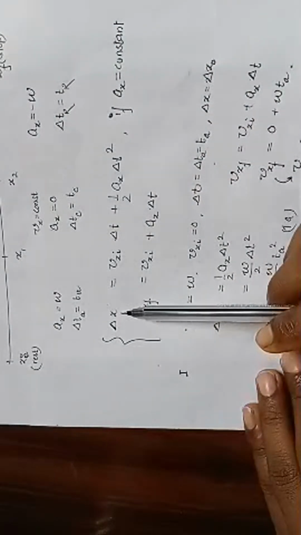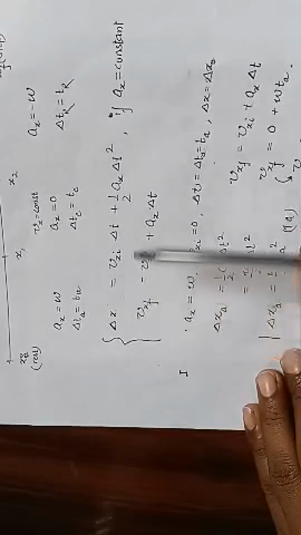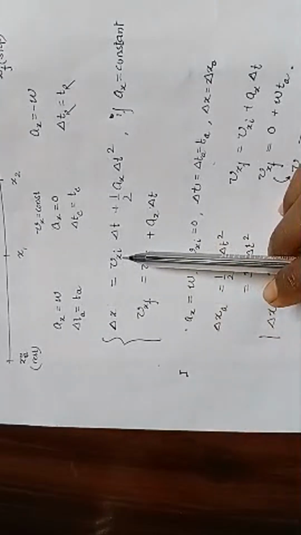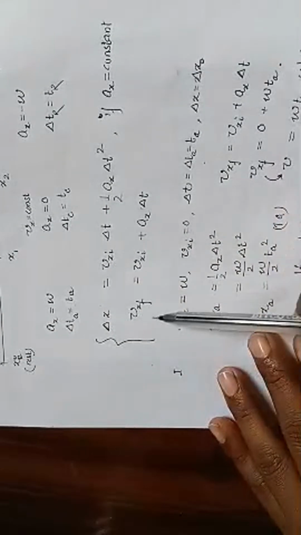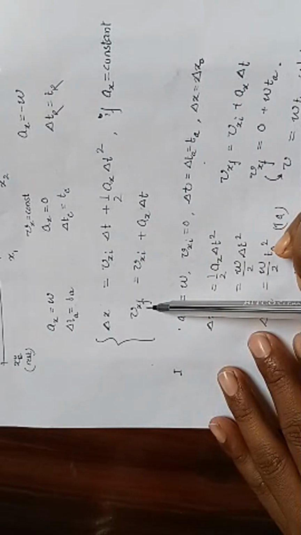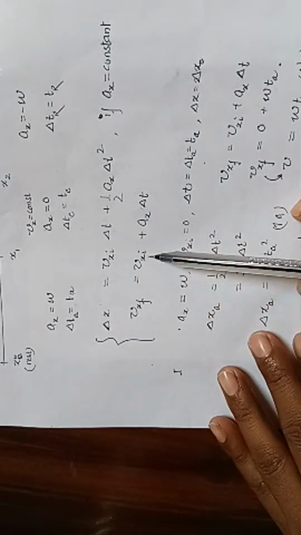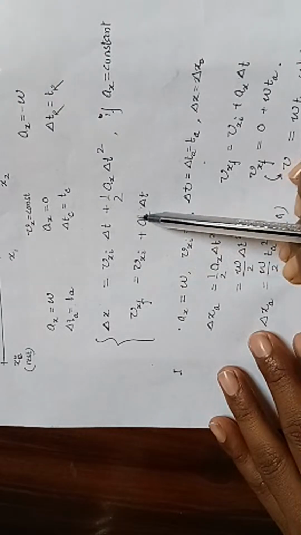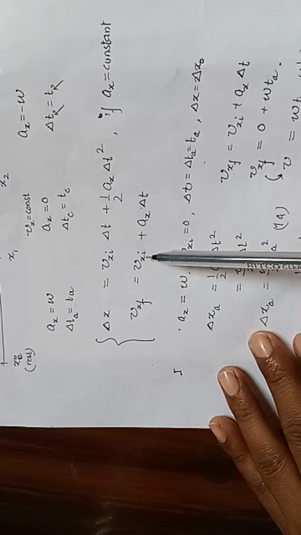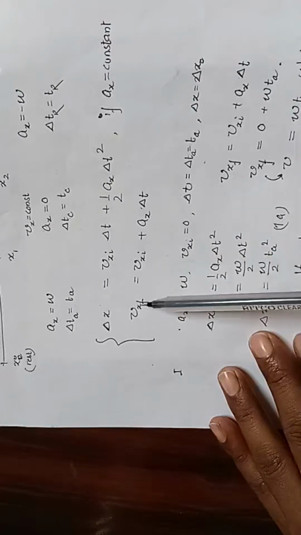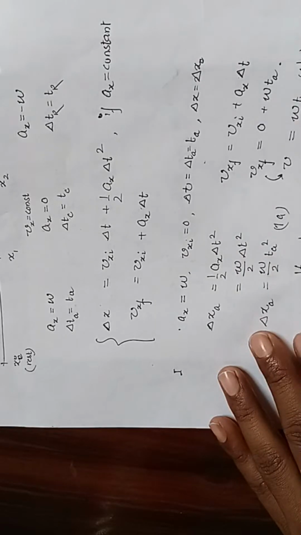This is the change in x, final x minus initial x. This is the x component of the initial velocity, and this is the final velocity. This is the x component of acceleration. This is the time interval in which the velocity changes from vi to vf.